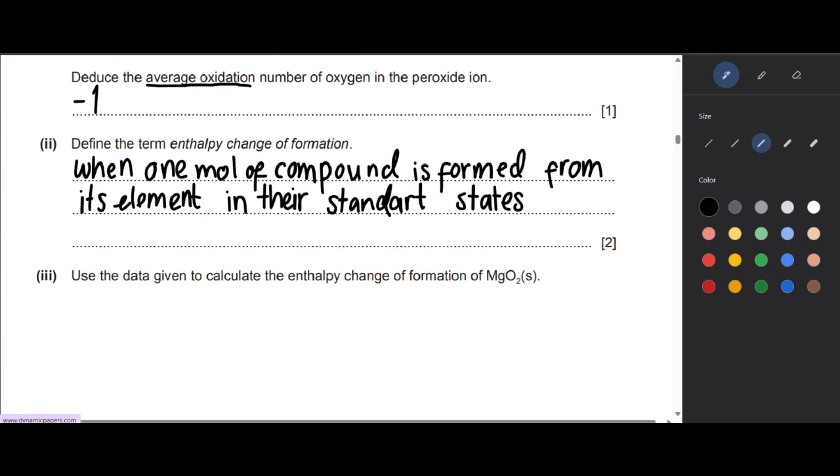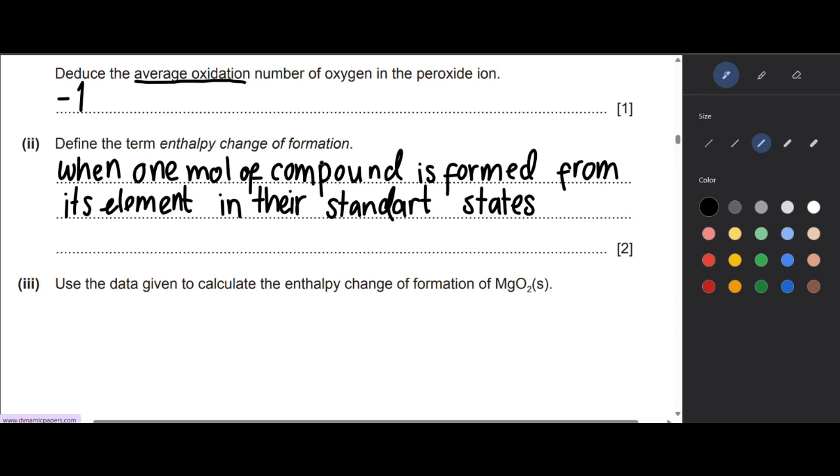So this is the definition of enthalpy change of formation: when one mole of compound is formed from its elements in their standard state.